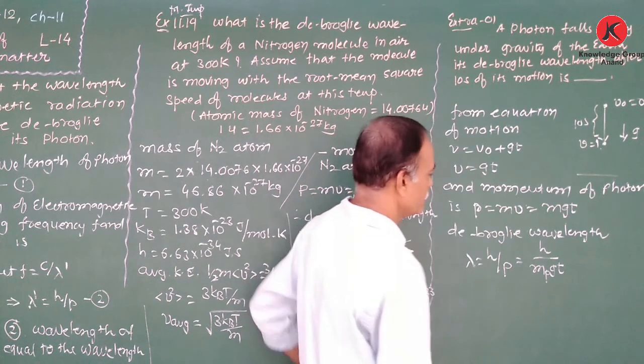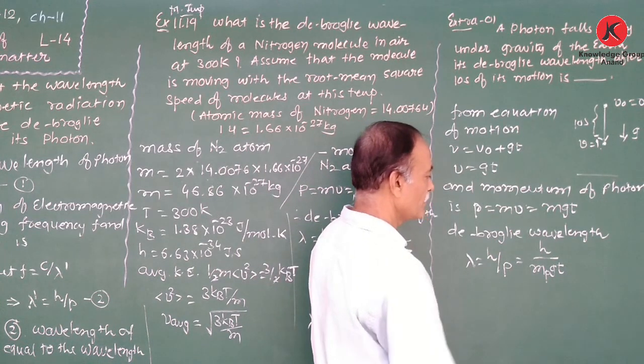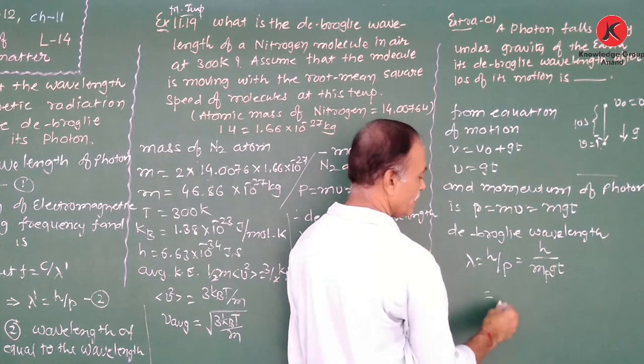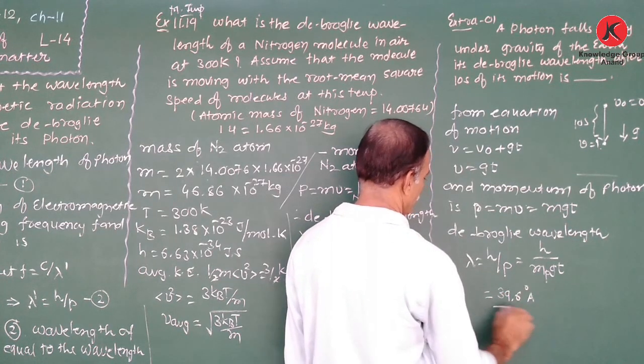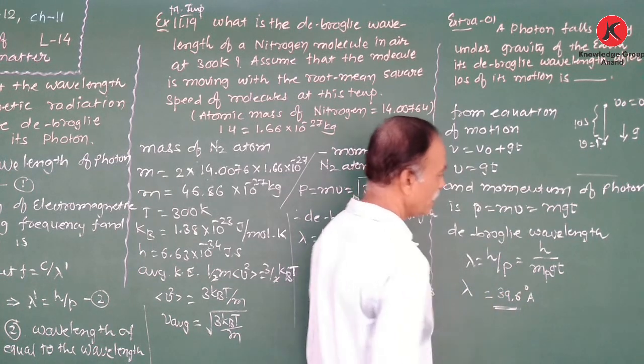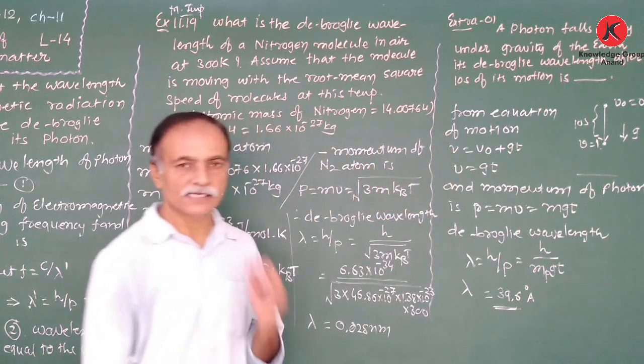Here we substitute, and h is Planck's constant. So we obtain 39.6 angstrom. That is the value of the de Broglie wavelength. Clear this?